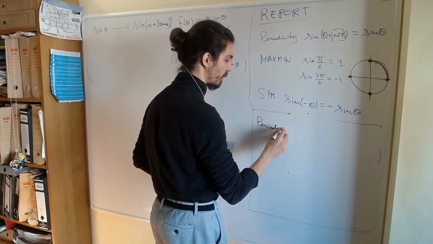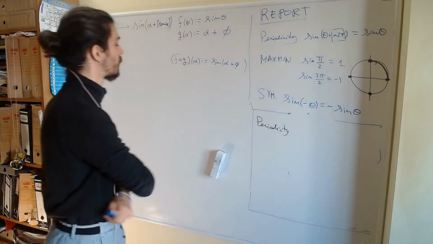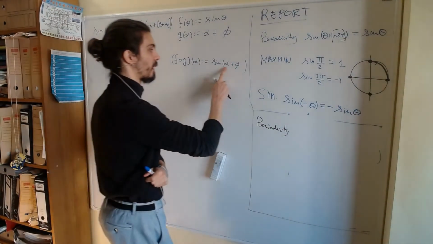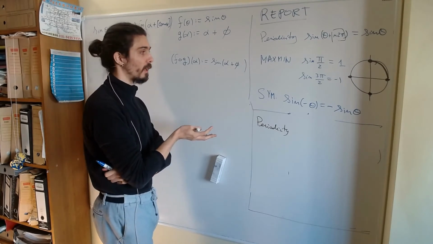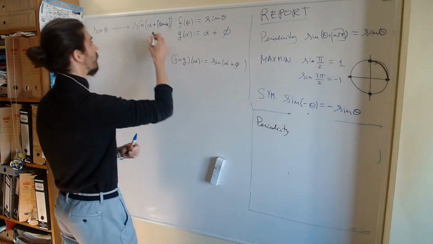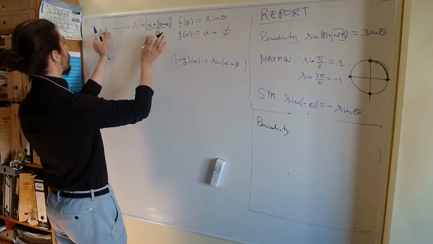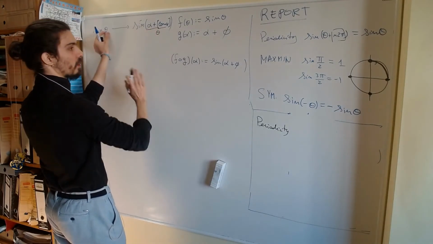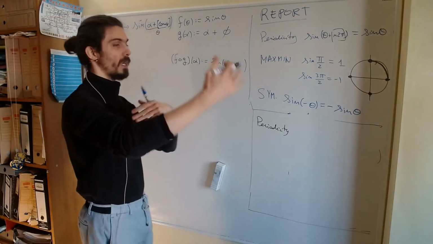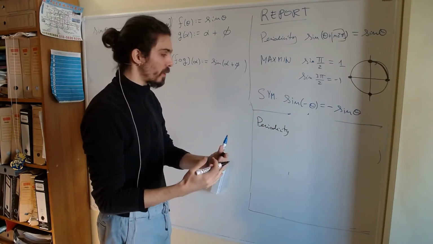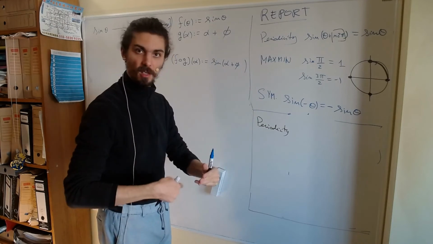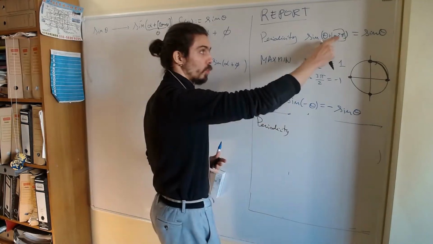Periodicity. What's the periodicity of this function? Well, notice that alpha plus phi is an angle, right? Like theta was. This is our old theta here. It became alpha plus constant. So anything that we add to alpha plus phi, when you add the period, a full perimeter of the circle, you get the same value that you used to have.